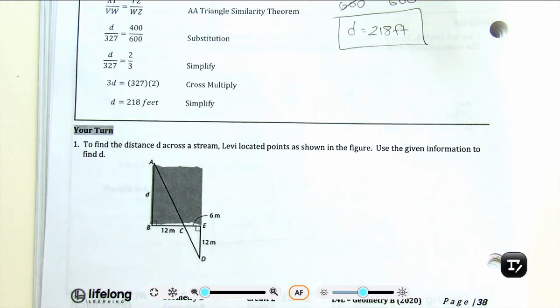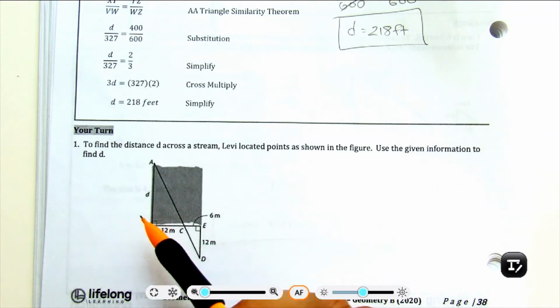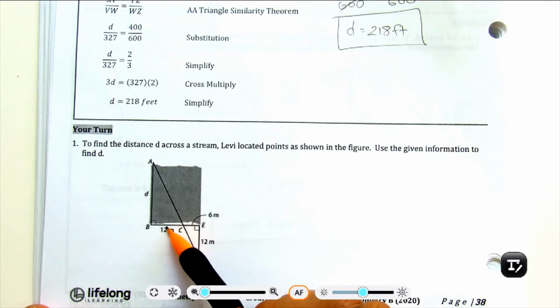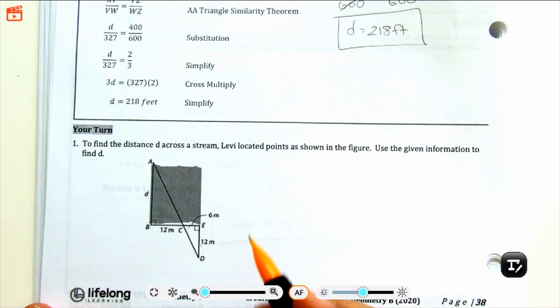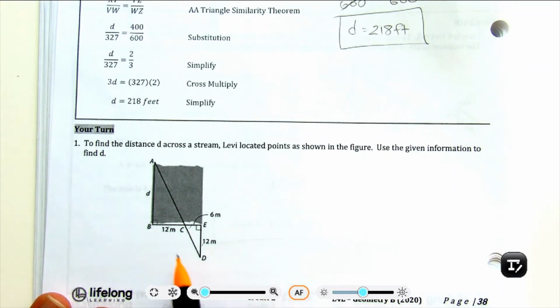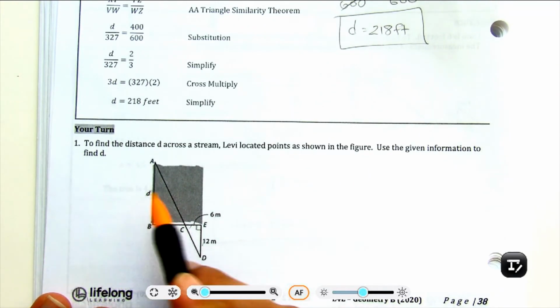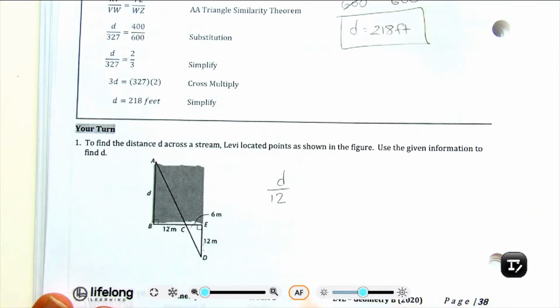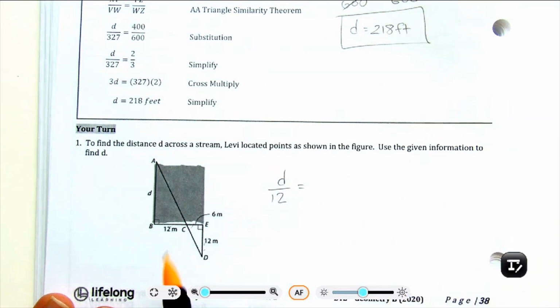To make this one go a little bit faster, this is the long side, this is the short side, this is the long side, this is the short side. So what I'm going to do is write long side over the long side, so D over 12 is equal to the short side over the short side, 12 over 6.